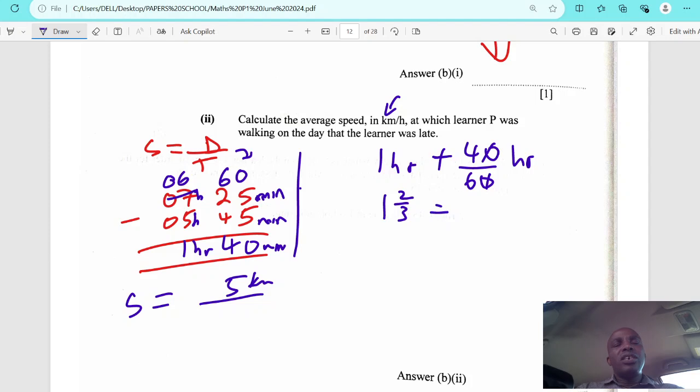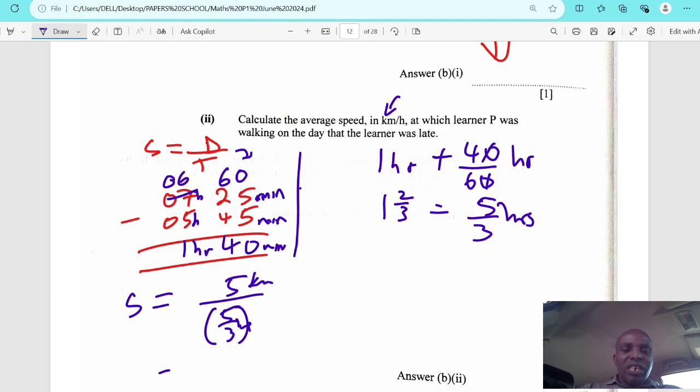Convert to an improper fraction: 3 times 1 plus 2. 3 times 1, 3 plus 2 is 5 over 3. So this will be hours. So you divide here by 5 over 3 hours.